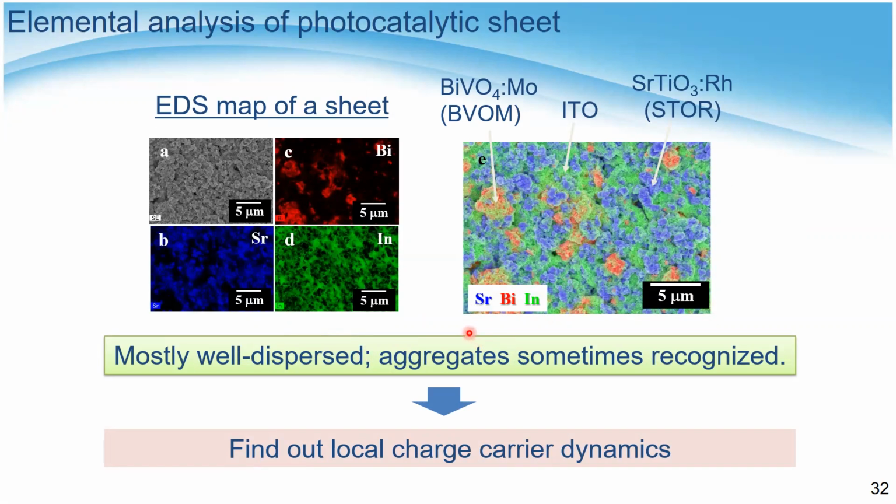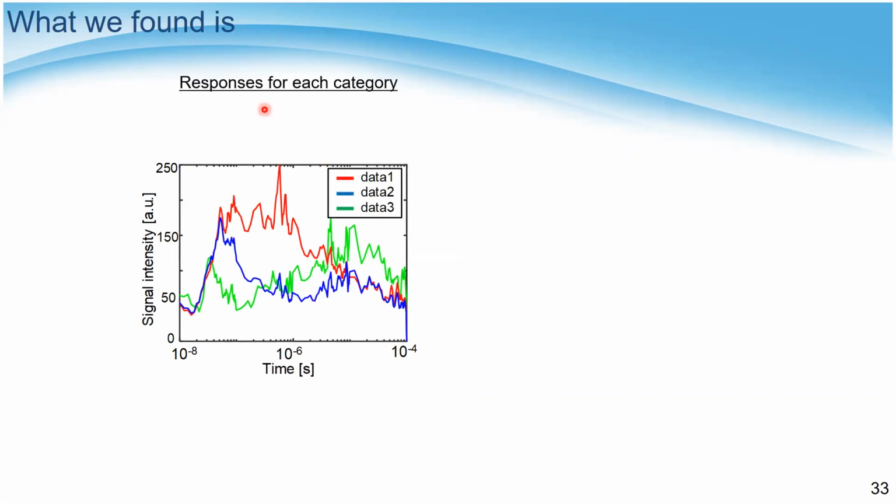But of course, this is made of different types of nanoparticles, and sometimes you can find aggregates. So what we did is try to find out the local charge carrier dynamics by the PIPM method. To make the story short, I will show a summary of the research.